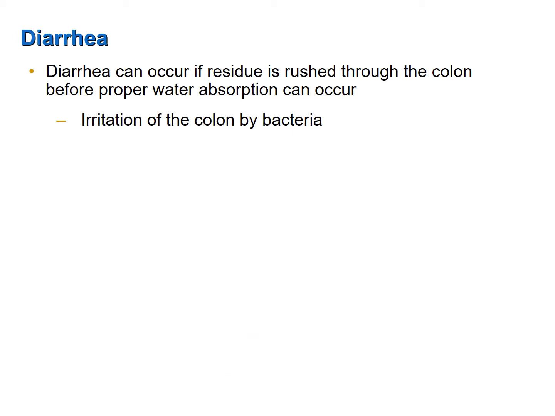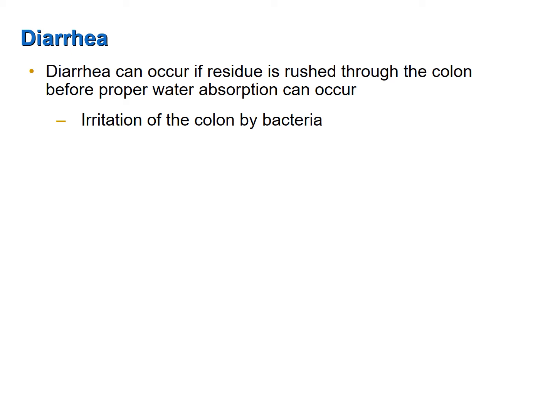Diarrhea can occur if residue is rushed through the colon before proper reabsorption of water can occur. This results in feces that is high in water content and difficult to control. What might cause the colon to rush through its residue?